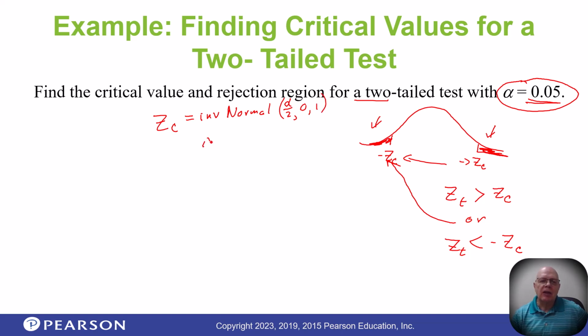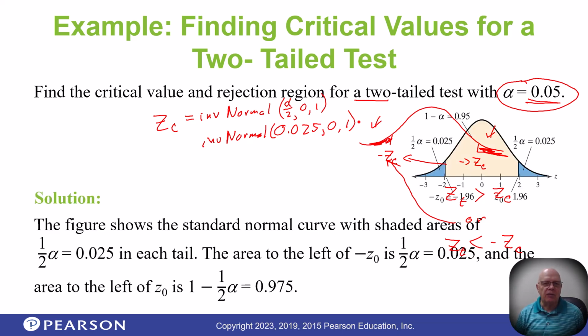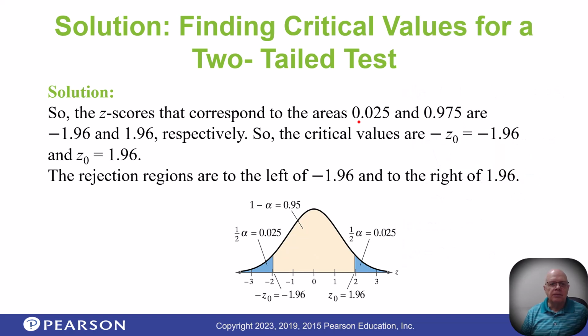So we're going to use alpha over 2 for this. In other words, we're going to use inverse normal, and half of alpha is 0.025. We'll work with z's, so it's 0, 1, and you'll find your critical value. And our critical values will be 1.96 on the right and negative 1.96 on the left.